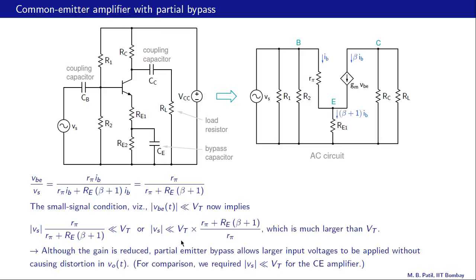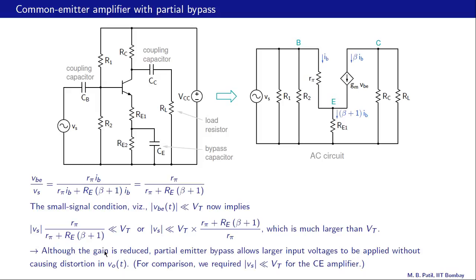Now in the example that we just considered, that is Vm equal to 20 millivolts, we have 20 millivolts on this side and we have 250 millivolts on this side. Clearly 20 millivolts is small compared to 250 millivolts, and therefore we are not going to see any distortion.